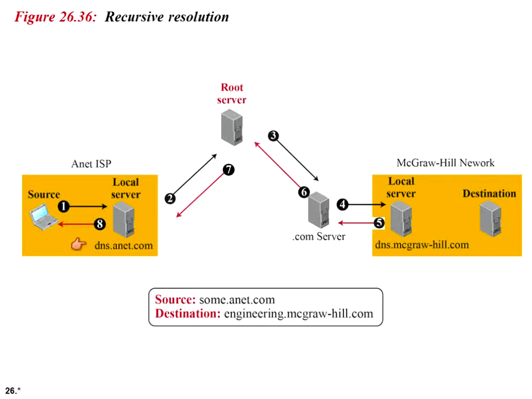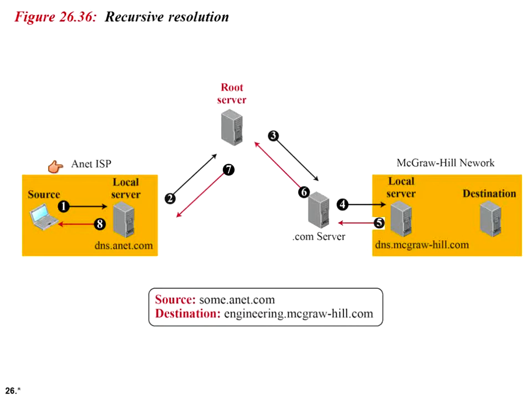And the local DNS server is dns.anet.com. It is running at the ANET ISP site. This is our event number 1.